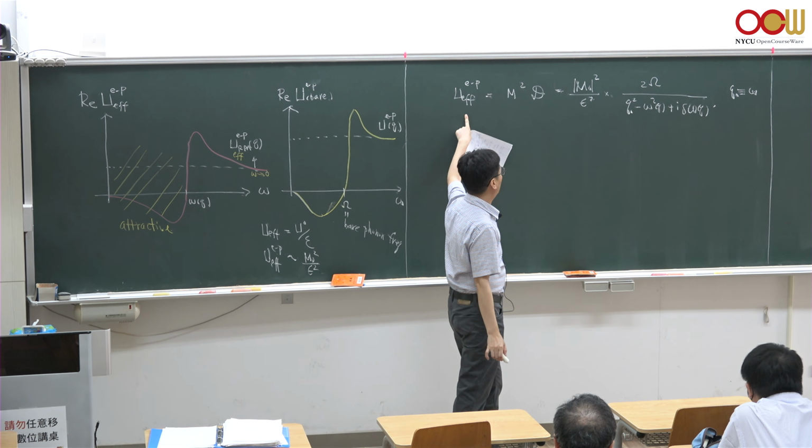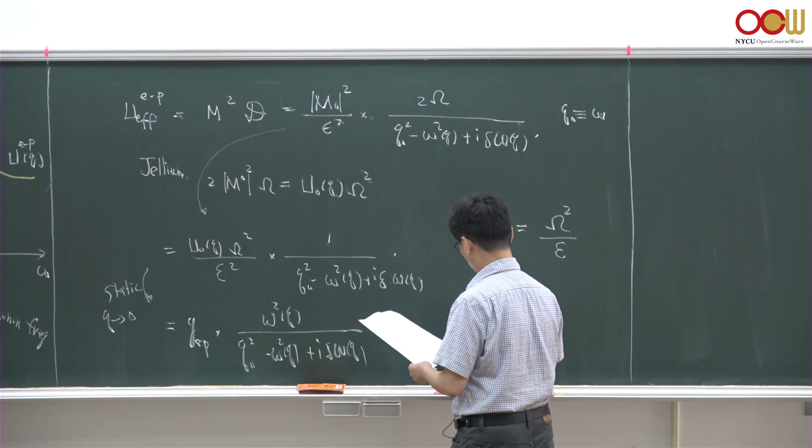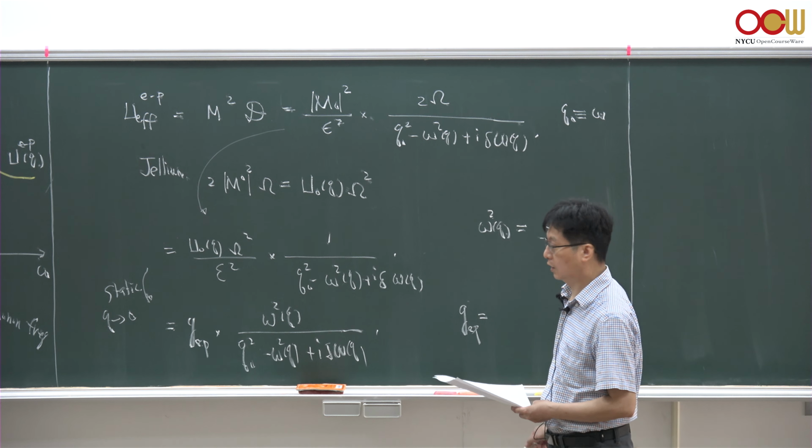and this GEP is what we call the electron-phonon coupling constant. So later on we will just use this simplified version of the effective electron-electron interaction mediated by phonon, and we call this coupling constant GEP, which is given by this value right there. Right, and then we could simply look at this renormalized electron-electron interaction as a function of Q and omega 0.